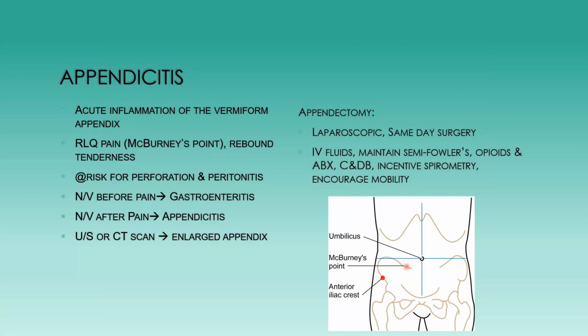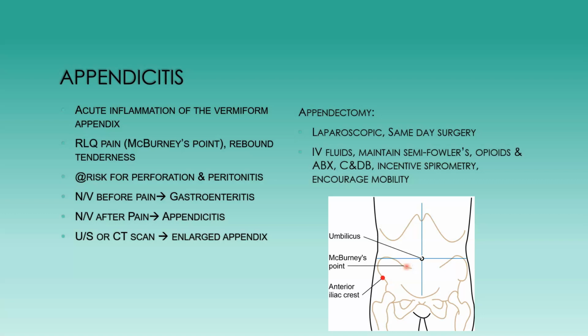Okay, speaking of that ruptured appendix, we're going to talk about appendicitis. Appendicitis is an acute inflammation of the vermiform appendix. The inflammation of the appendix occurs when the opening to the lumen is obstructed, leading to infection as bacteria invade the walls of the appendix.